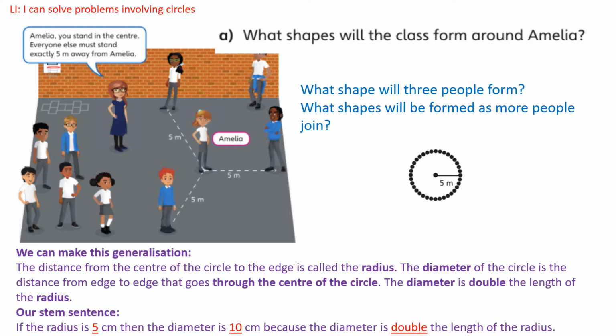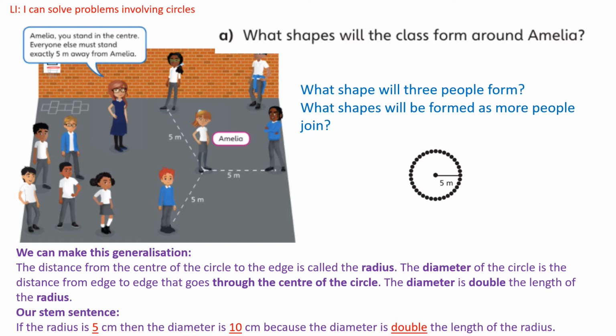What if you added another friend in who was also 5 metres away? And another, and another, and another. And eventually you will get so that all the friends are in a circle. Every single one of them is 5 metres away from Amelia. So we can say that the radius of that circle is 5 metres.